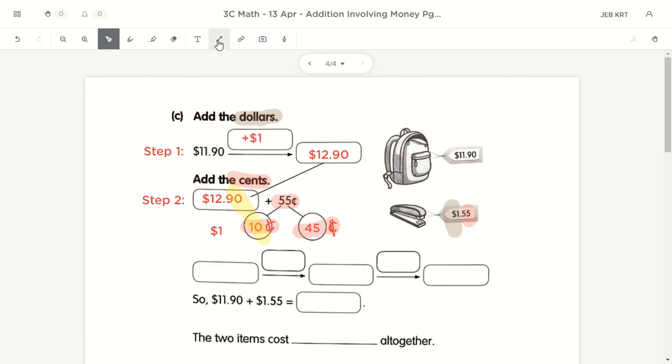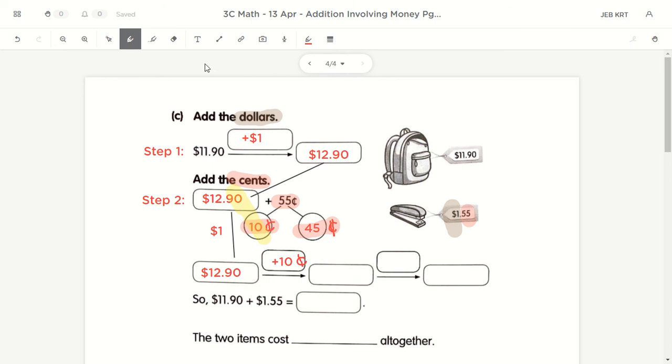Okay, so now $12.90 you bring down here. So all you need to do is to add part by part. So $12.90. After that, you add your 10 cents first. Okay, add my 10 cents.